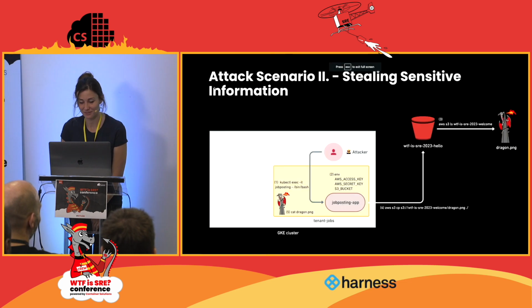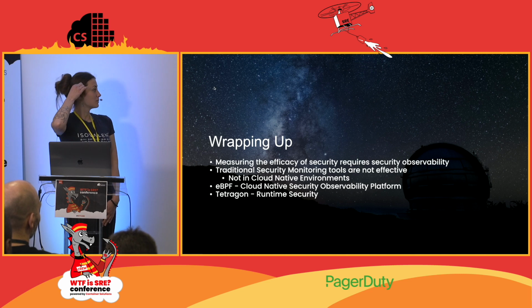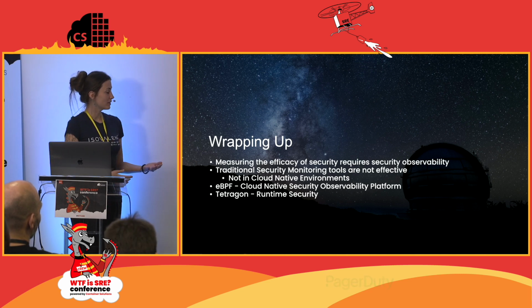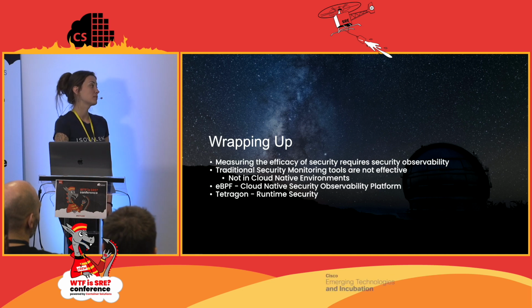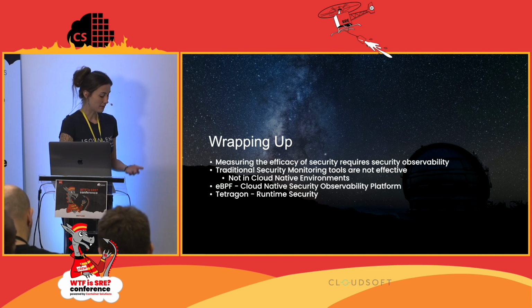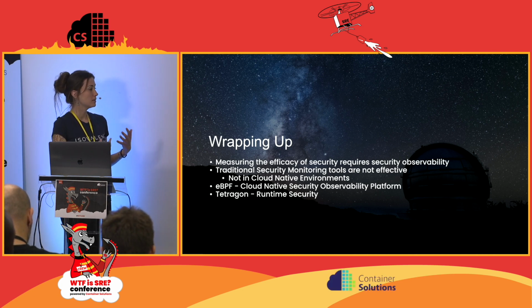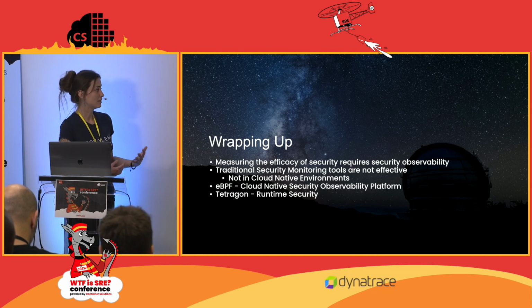Let's switch back to the slides. So basically, wrapping up, what I wanted to say here is, how can you actually measure that the protection you put in place, for example network policies, seccomp, AppArmor, gVisor, whatever you want to call it, works? You require security observability. And you would need a solution which is low overhead, real time, and dynamic.